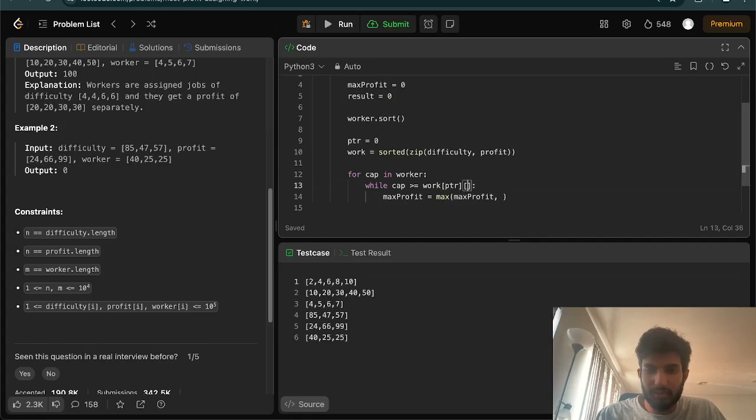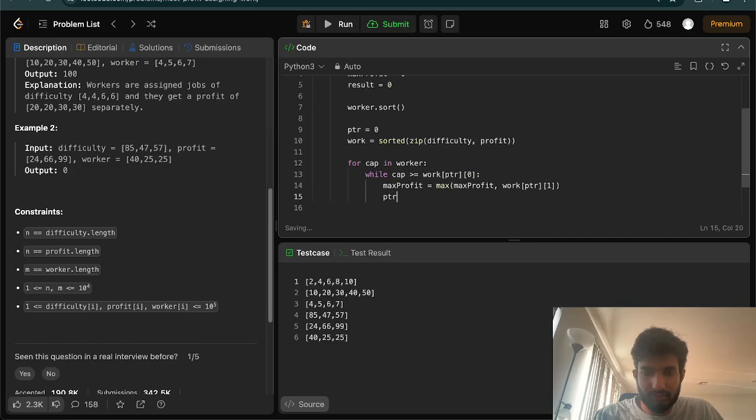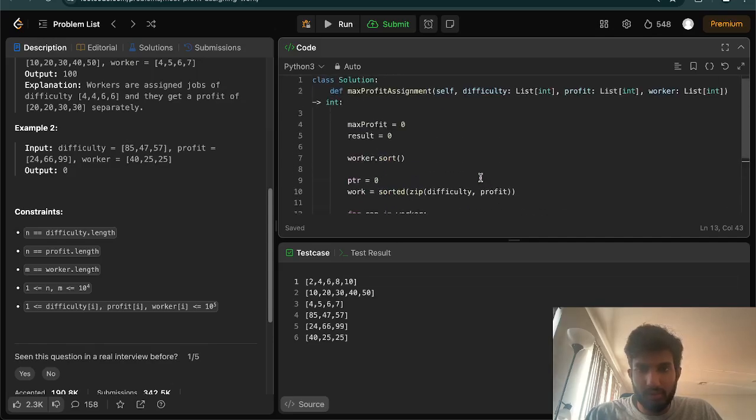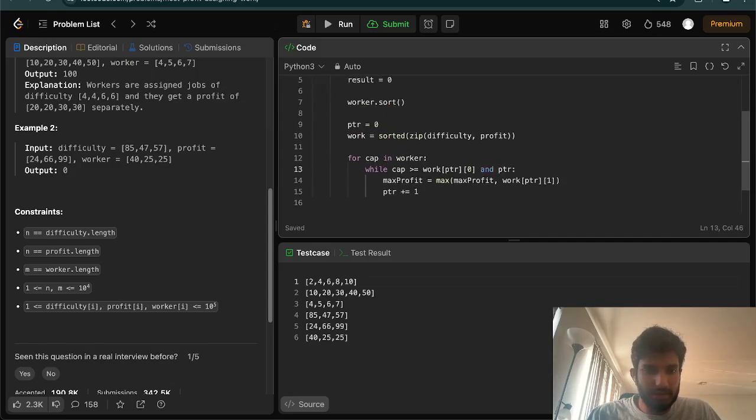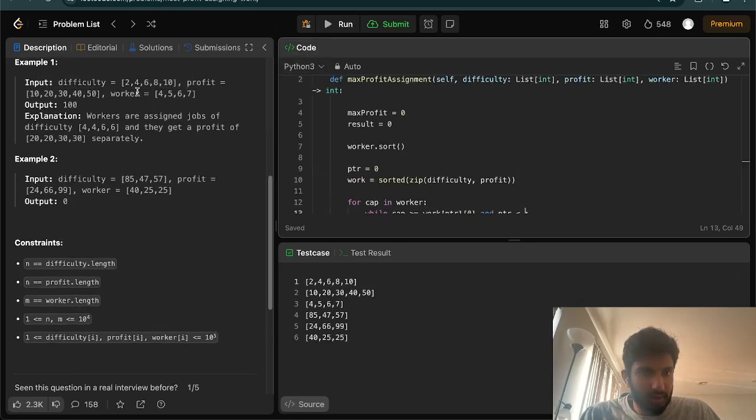Also we have to make sure that the pointer is less than n, since difficulty and profit have a length of n.